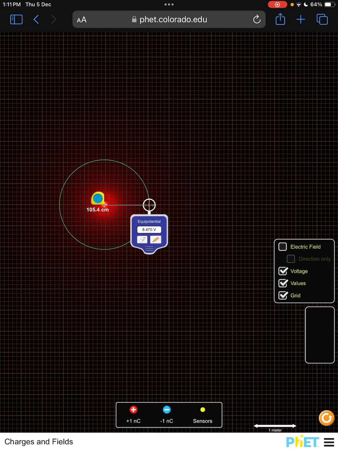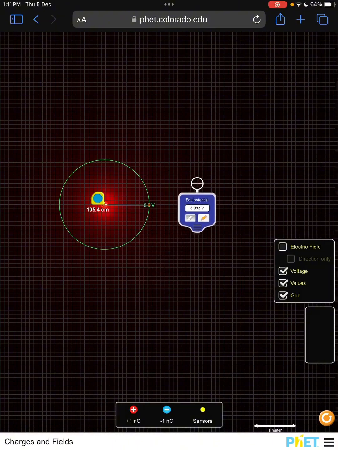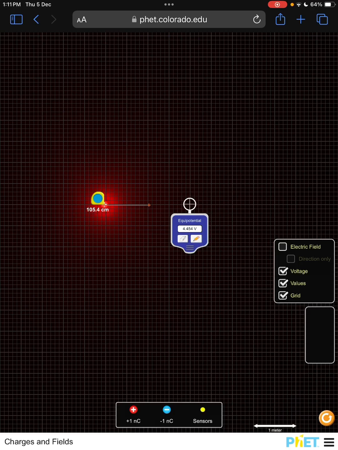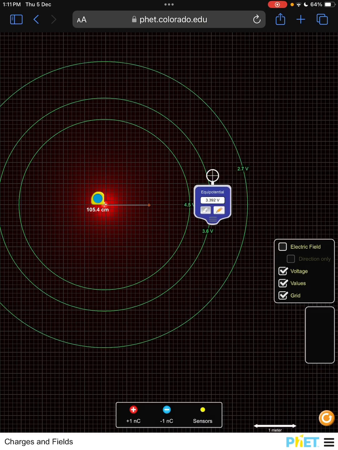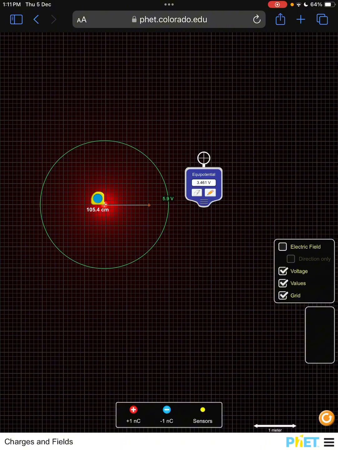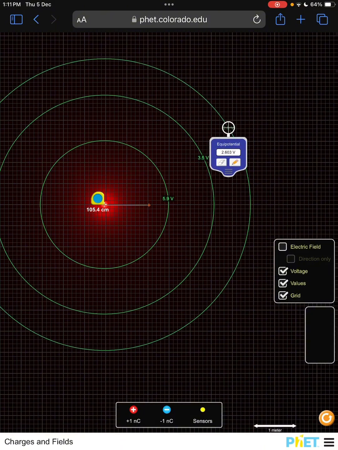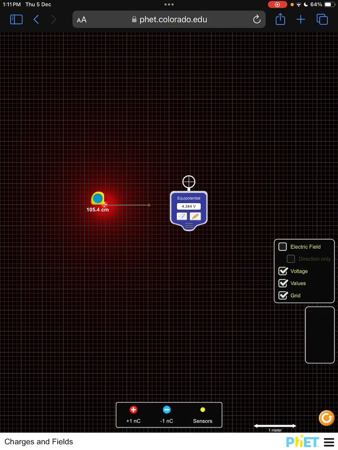And I think you can press that, okay? And it puts the equipotential, it draws the equipotential. So the potential here is 4.45 volts, for example. If I draw it, it looks like that. I can draw another one here. I can draw another one there, there, there, there, etc.